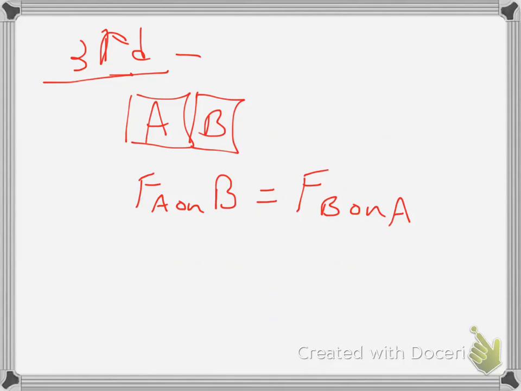So you might have heard it as, for every action there is an equal and opposite reaction. This also says that forces must come in pairs. You can't have one force without a force pair with it.